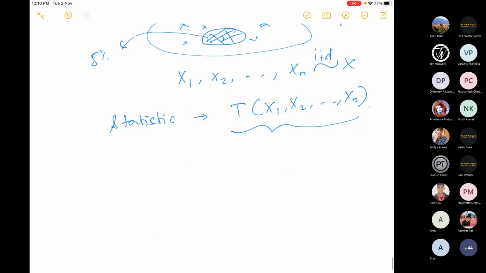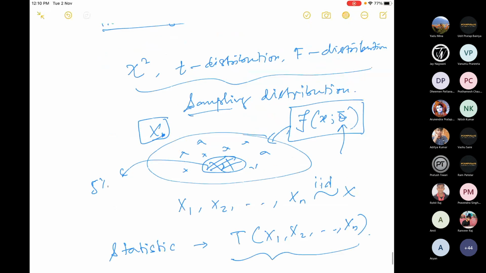So now we are changing our goal a little bit. Earlier we were interested in knowing, let's say, the population mean and population variance, and we have discussed all these things. Now suppose I know the PDF, but we do not know the parameters involved to define the PDF, then how do we estimate the parameters from a random sample?